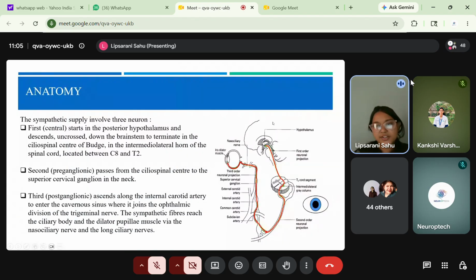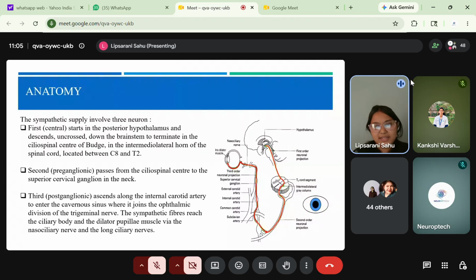The first order neuron begins at the posterior lateral surface of the hypothalamus, and it descends through the brainstem and reaches the C8 to T2 level of the spinal cord. The C8 to T2 level of the spinal cord is also known as the ciliospinal center of Budge. The first order neurons are also known as preganglionic neurons.